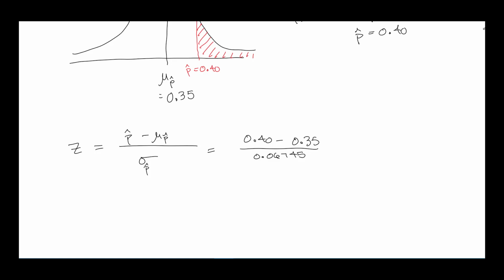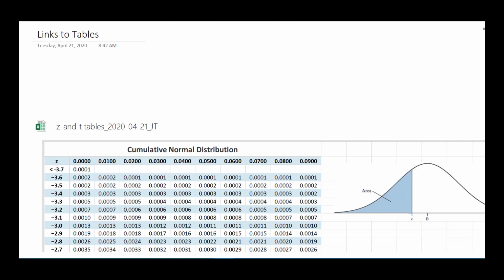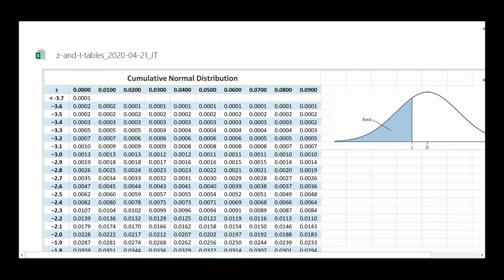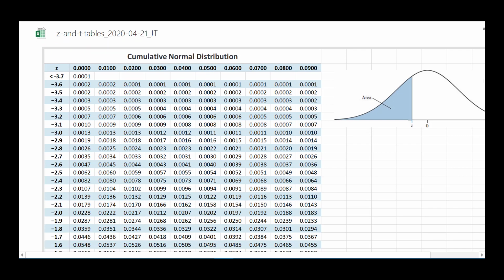Okay. And so this turns out to be about 0.74125, and since our z-table only goes to 2 decimal places on the z-value, I'm going to just round it to 0.74. So this is a z-value, not an area. So we're going to go to our table. We're going to find the z-value for, what was it?